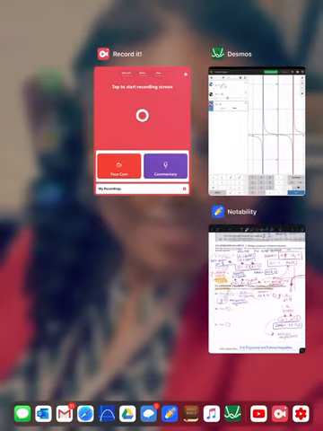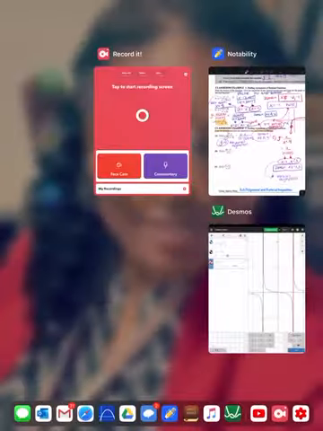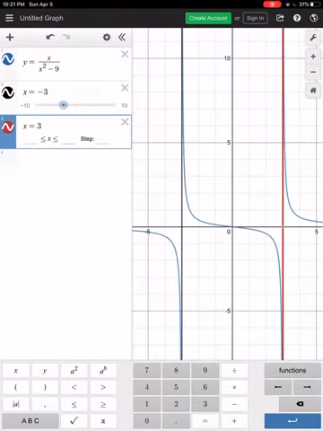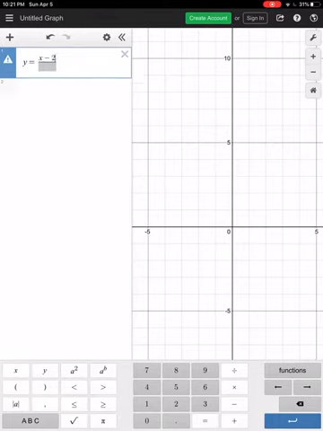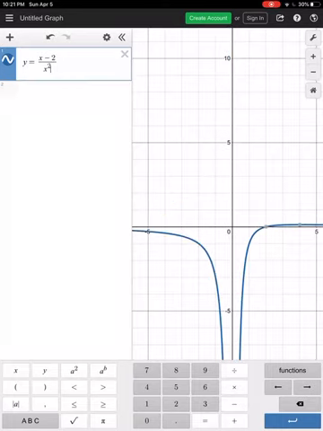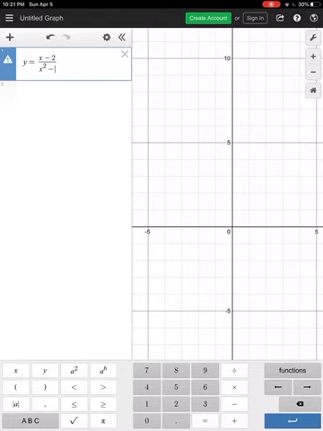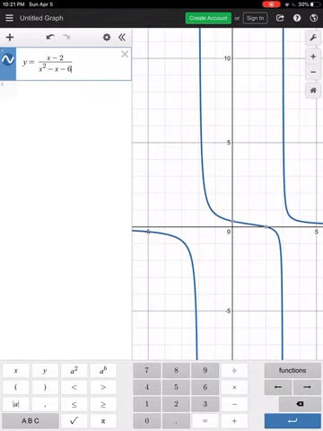So let's see that. That was x minus 2 over x squared minus x minus 6. So let's graph y equals x minus 2 over x squared minus x minus 6.